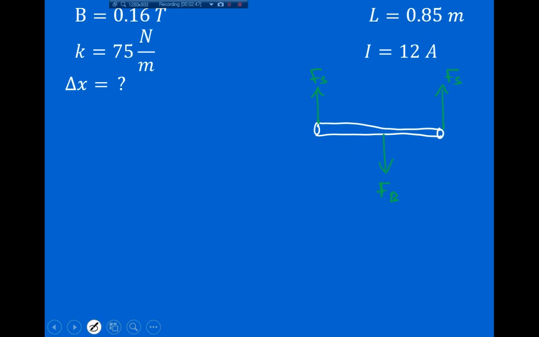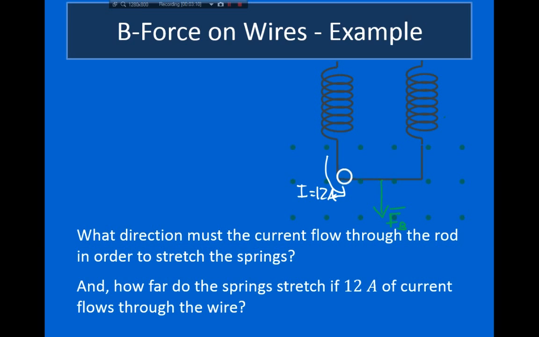And the spring forces are going to perfectly cancel the magnetic force. So what we can say is that this magnetic force is going to be equal to 2 times the force exerted by either spring on the two ends. Remember that the magnetic force exerted on a wire is equal to IBL times the sine of the angle between the current and the magnetic field. Now if we look back here, my current is pointing towards the right and the magnetic field is pointing out of the page.